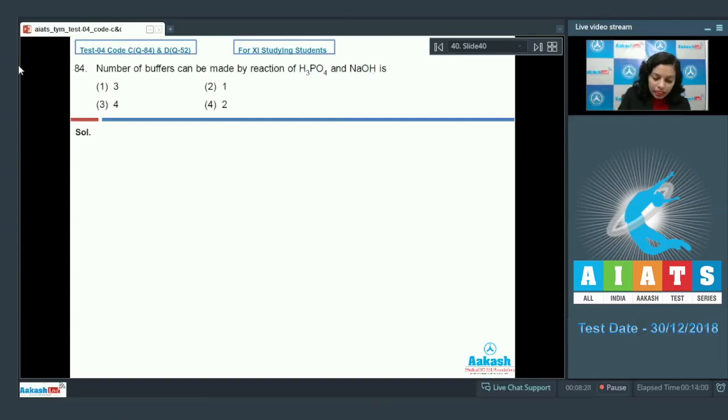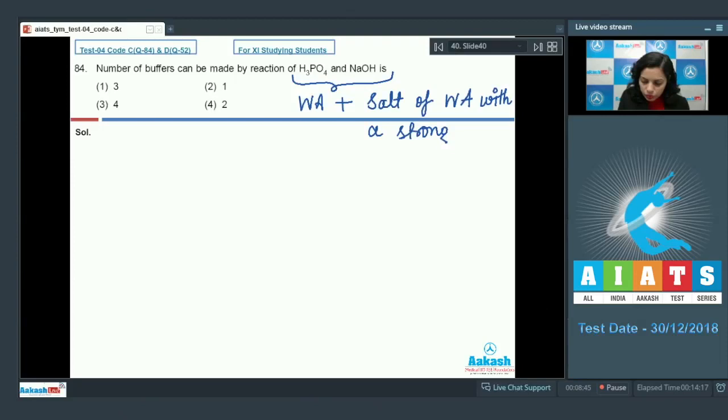It means in this case, you will get a mixture of a weak acid and the salt of that weak acid with a strong base. If you obtain that, it means a buffer is formed, and that buffer is an acidic buffer.